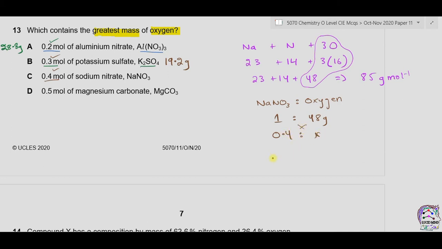Again cross multiplying, it comes equal to 19.2 grams of oxygen. So for C again we have 19.2 grams oxygen.